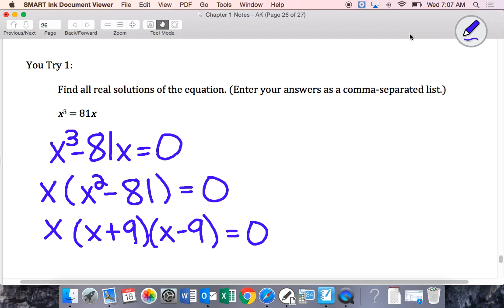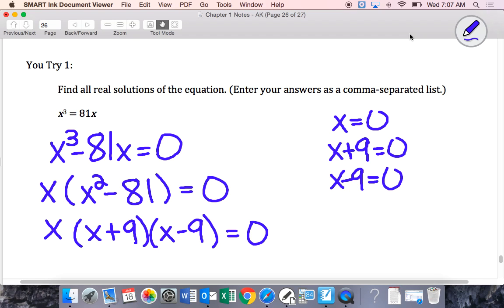So those are my three terms there, so we're going to have three answers. We have to set each of those equal to 0 and solve. So I have x equals 0, x plus 9 equals 0, and x minus 9 equals 0.